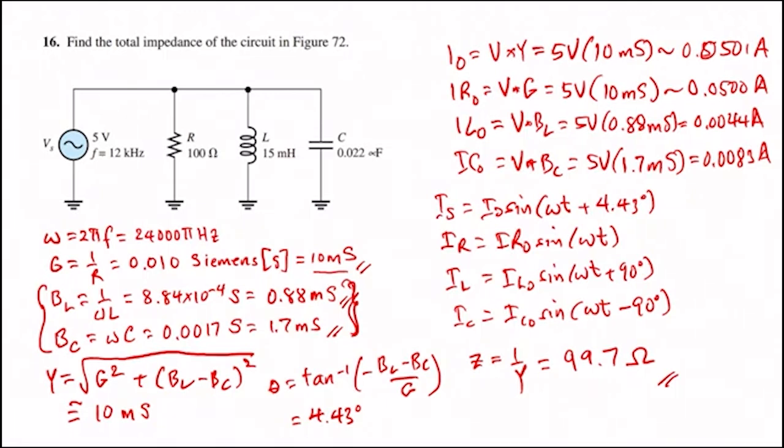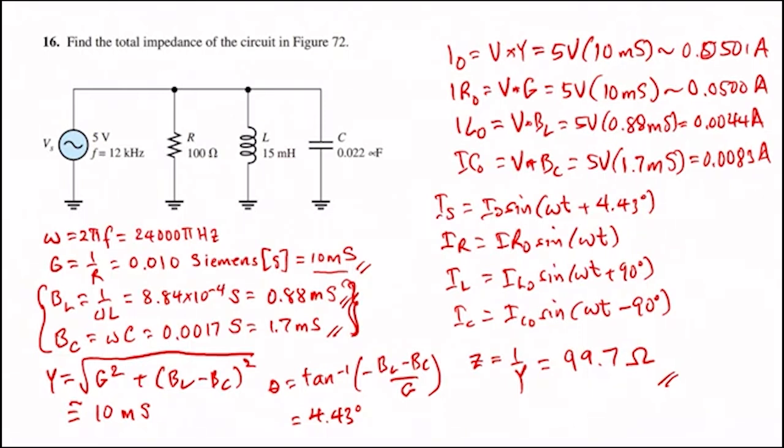Okay, now let's take a look at the parallel series circuit example. If you recall, in this example, we have a voltage source of 5 volts and a frequency of 12 kilohertz, and a resistance of 100 ohms, an inductance of 15 millihenry, and a capacitance of 0.022 microfarad.